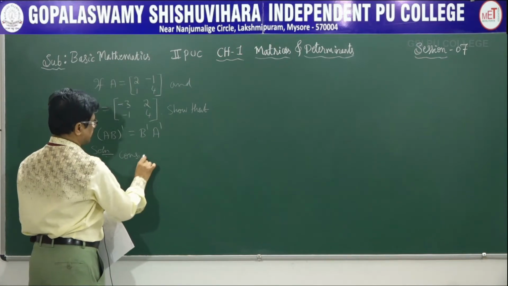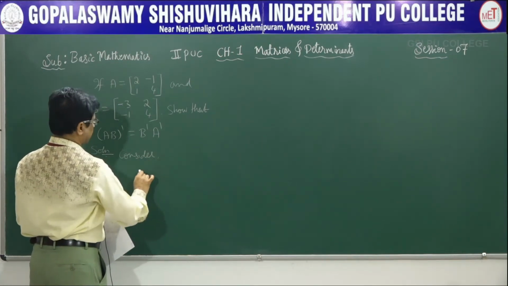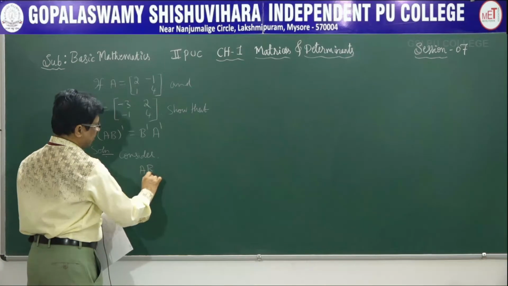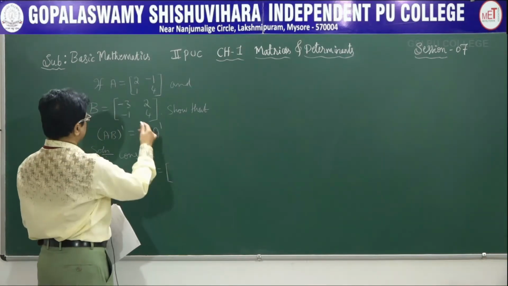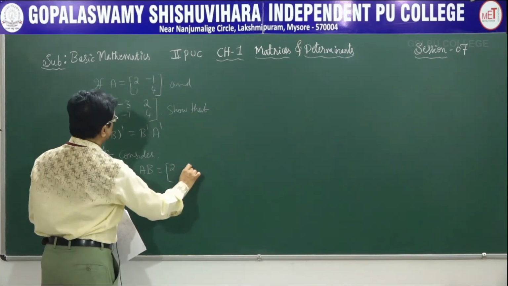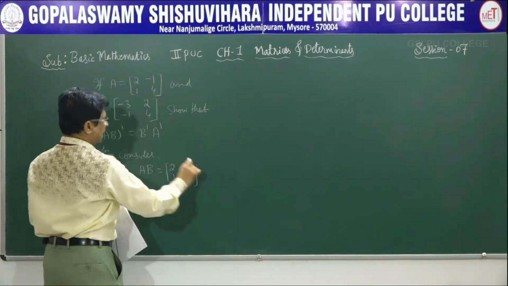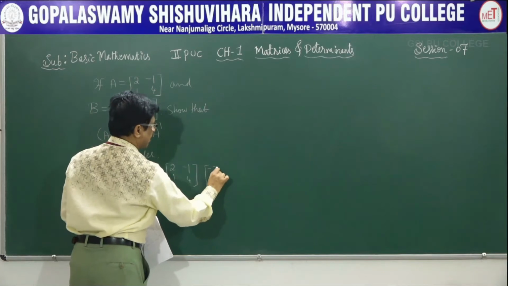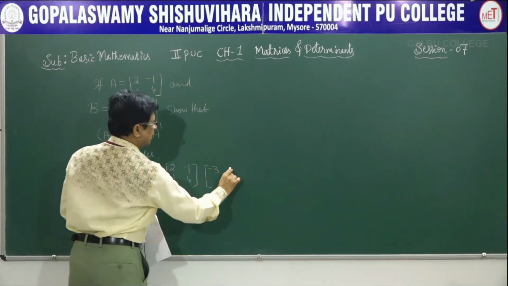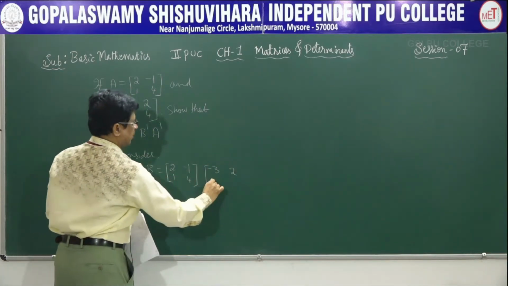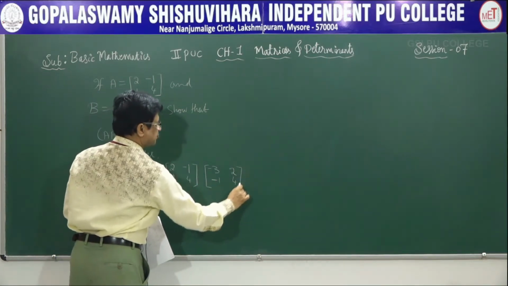Consider A into B. So, A is 2 minus 1 1 4 and B matrix is minus 3 2 minus 1 4.